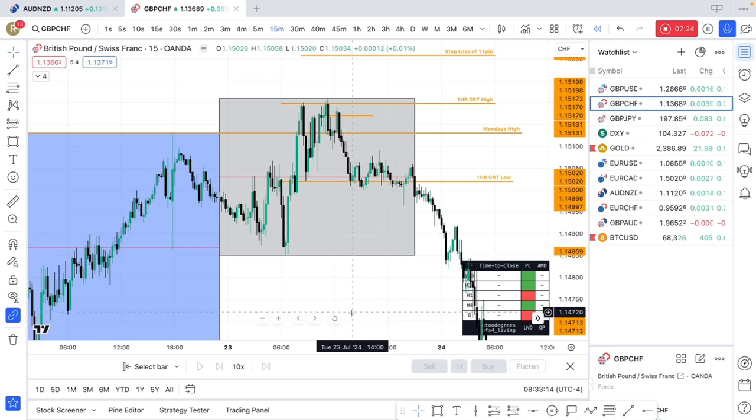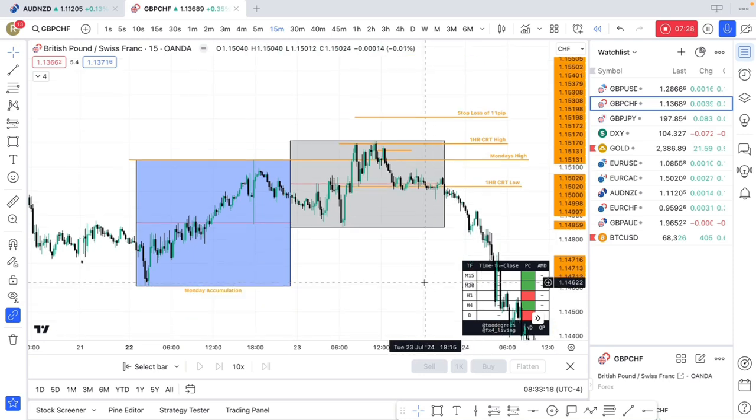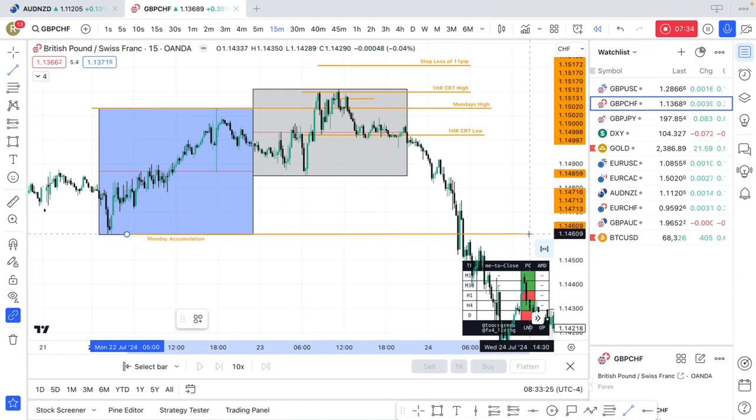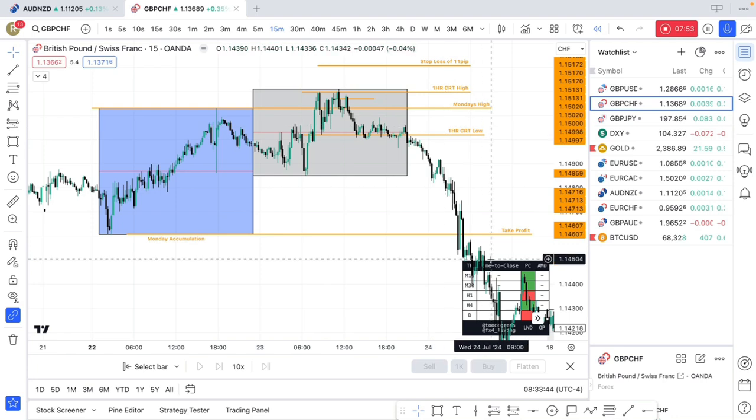So right now for this one, the scenario will be different because take profit should be around here. This should be a take profit.